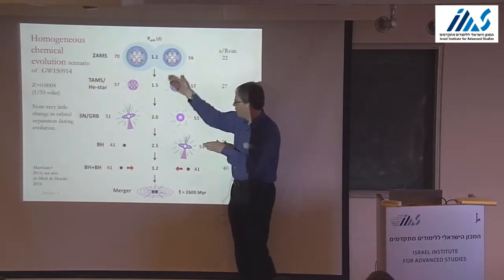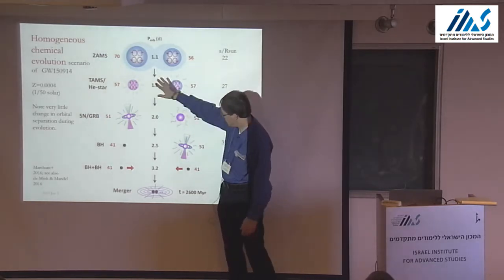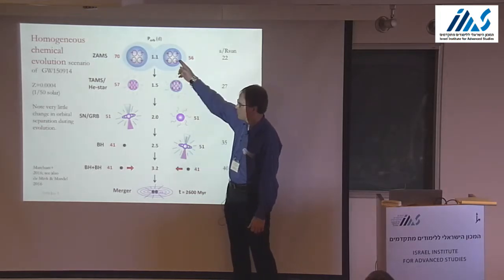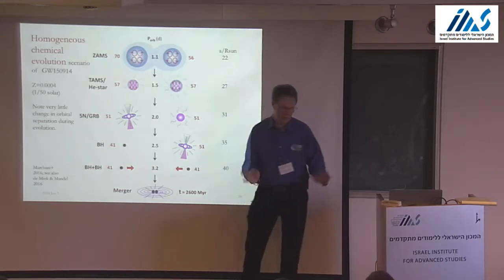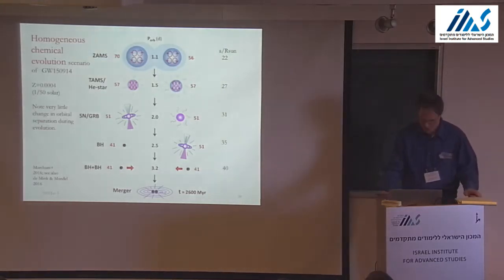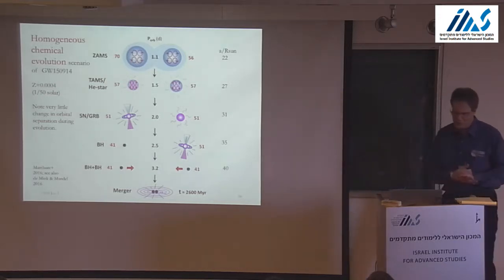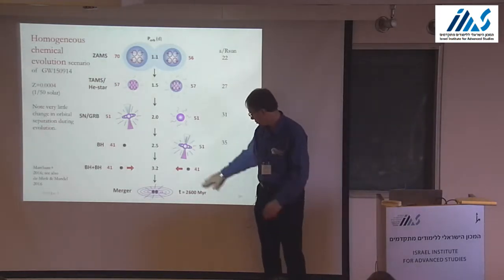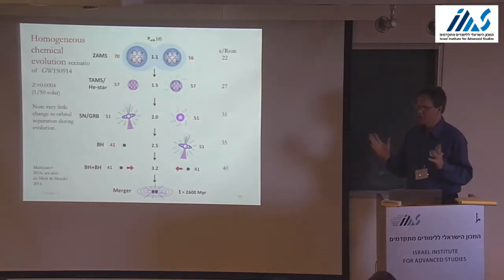So if you can just avoid spiraling them in and making them all into Thorne-Zytkow objects, then this way is a very nice way of getting close binary black holes, but it crucially depends on having this very effective mixing, which is somewhat physically uncertain. Okay, so those are the standard ways of making the double black holes, and a similar scenario, of course, for neutron stars, except probably with larger kick velocities, of making them in the field out of stars that are born in binaries.